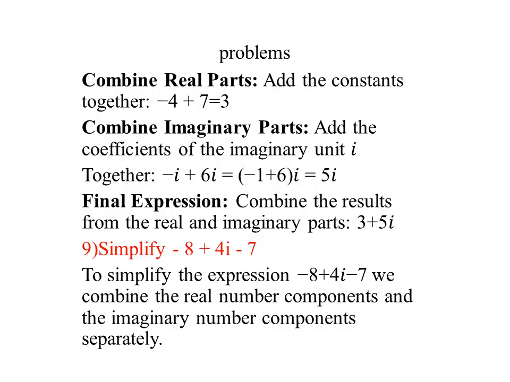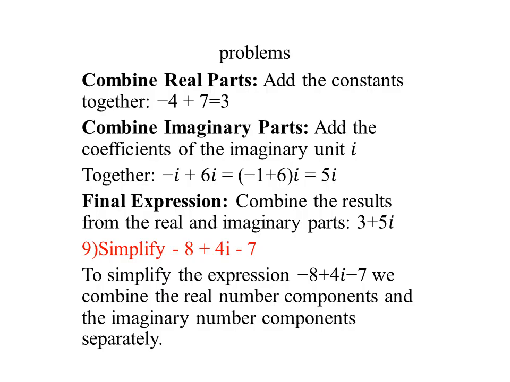After this, we have to add the constants together. It gives -4 plus 7 equals 3. And if we combine the imaginary parts, here we have to add the coefficients of the imaginary unit i.